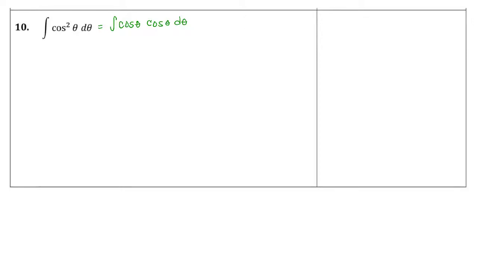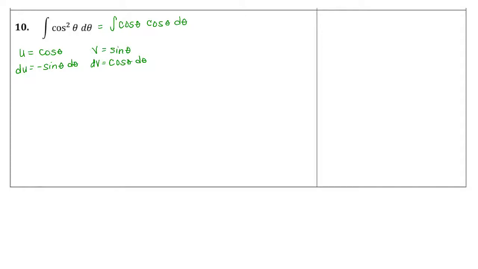So we're going to let u equal one of the cosine thetas. And so then du is going to be negative sine theta d theta. And then, of course, dv, well, that's going to generate, we're going to have to use cosine theta d theta. And if we integrate that, then that's going to give us sine theta.